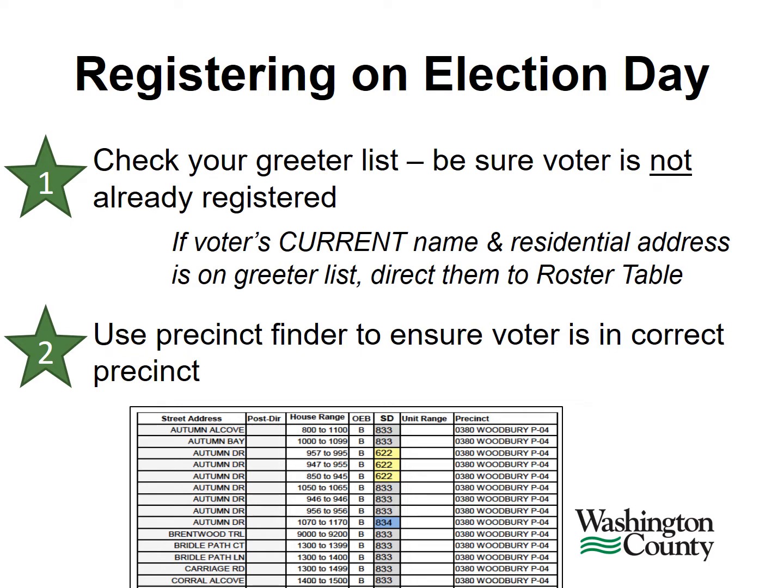Please be sure you watch this carefully, as sometimes one side of the street is in one precinct and the other side of the street is in another precinct. If their address and house range is not in the Precinct Finder, then please check your City Precinct Finder and Polling Location List, which are located in the Head Judge folder.